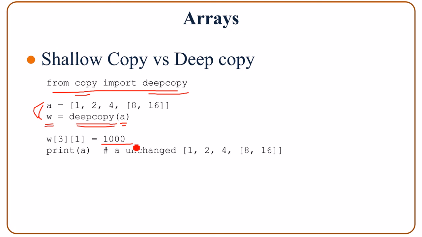And you again store 1000 to the second element of the fourth element of the variable w, and then you print a. What you get is this. This is the original content of a, and a is unchanged.